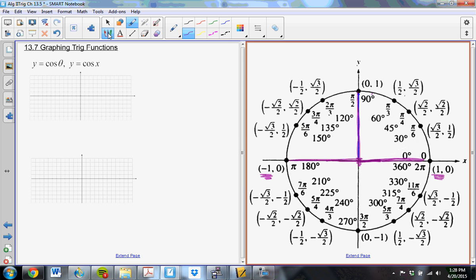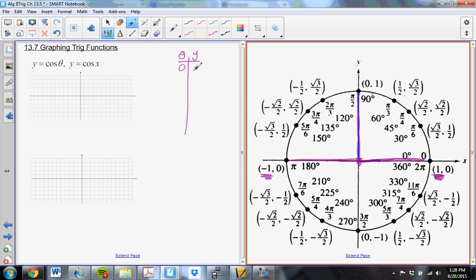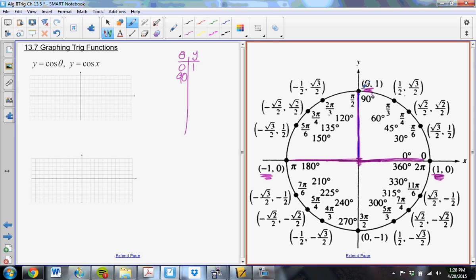So let me see if I can show you how this works in a graph. Our x variable is really theta, and our input is theta, and our output is the horizontal distance. If our theta is 0 degrees, the cosine at 0 degrees is 1. If our theta is 90 degrees, the cosine at 90 degrees is 0.